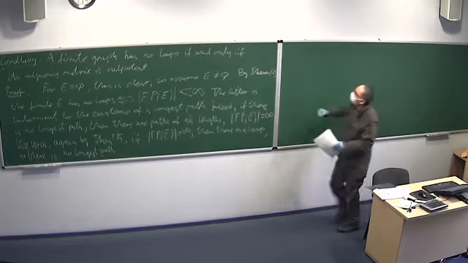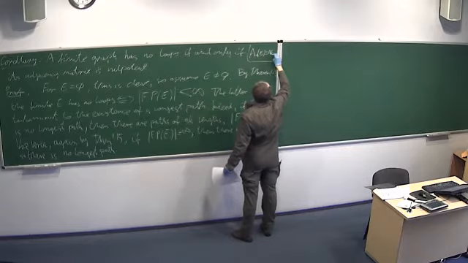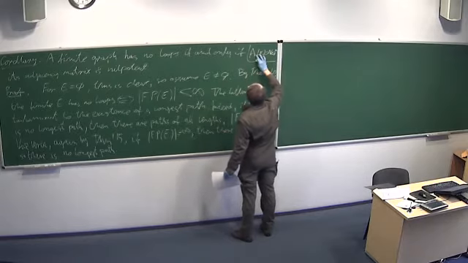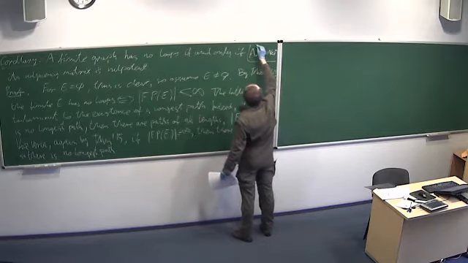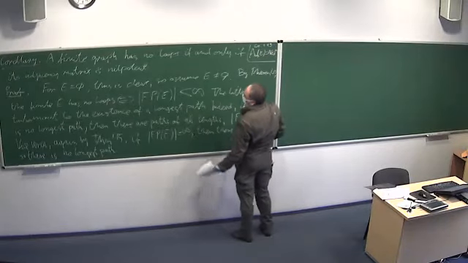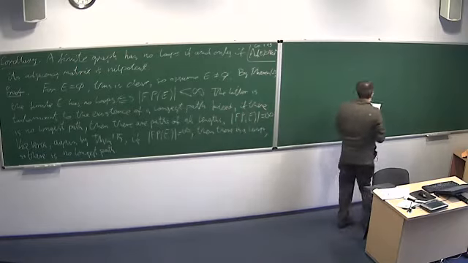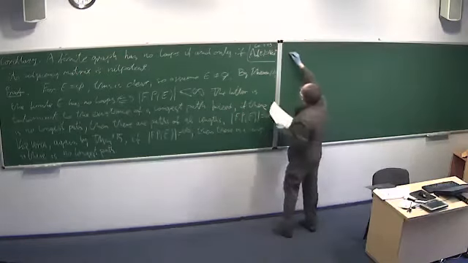Remember that A_E to the power n is the same as (A_E)^n. So this is corollary 129, and this is the corollary to that corollary. So let's finish the proof.